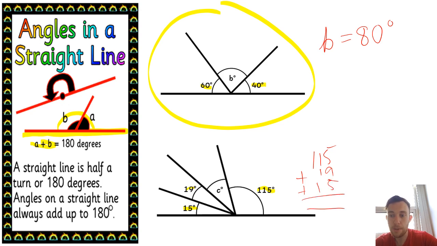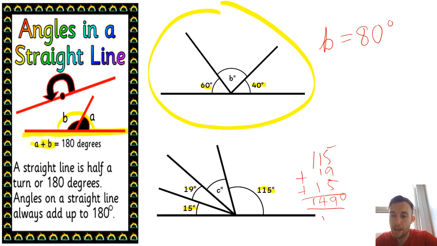Okay, so again, using my column addition method, 5 add 5 is 10, plus the 9 is 19. 1 add 1 add 1 is 3, plus the 1 that we're exchanging is 4. And then 100 plus nothing equals 100. So far, all of our angles that we know add up to 149 degrees.